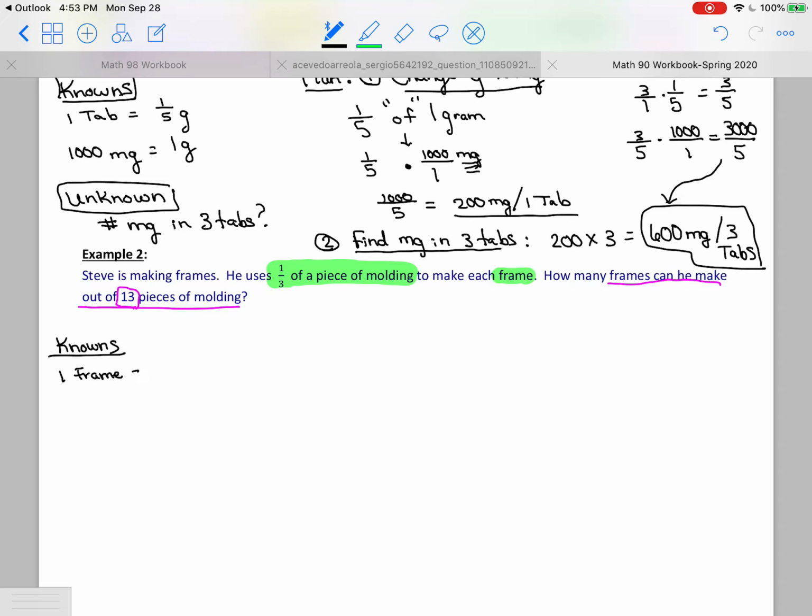I know that 1 frame is equal to 1/3 piece of molding. My unknown, what I'm looking for, is number of frames in 13 pieces of molding.